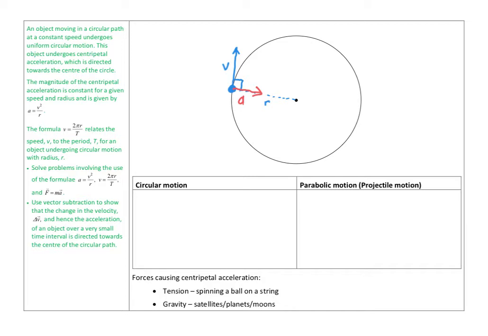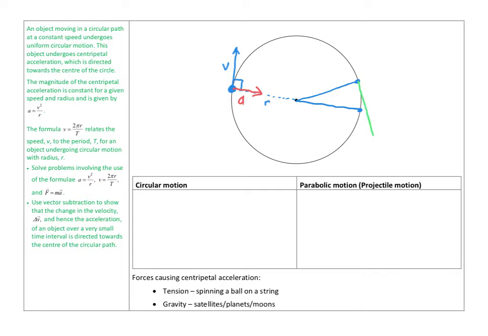If we look at 2 points, and I'm just going to draw that point there, and then another point here, and let's say this is the initial.